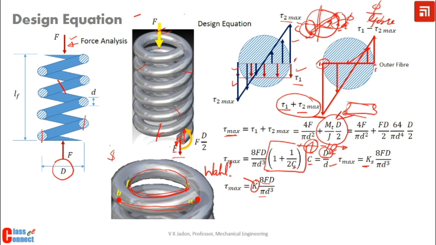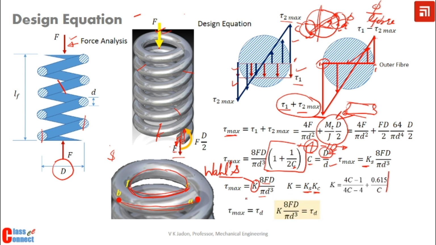This was introduced by the scientist Wahl for calculating stress in a spring, where K is given by Ks and Kc. Kc is the curvature factor, and K is given by (4C minus 1) divided by (4C minus 4) plus 0.615 over C, and this factor is given by Wahl.